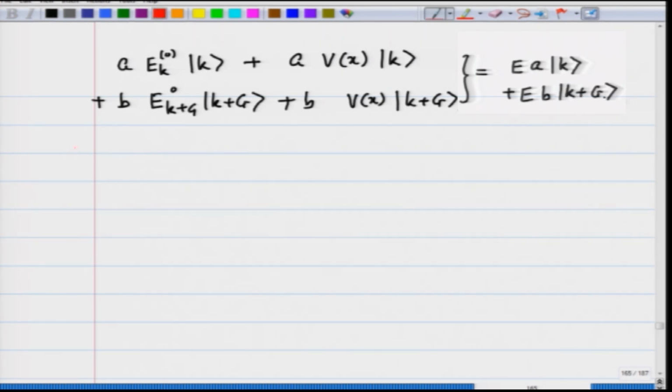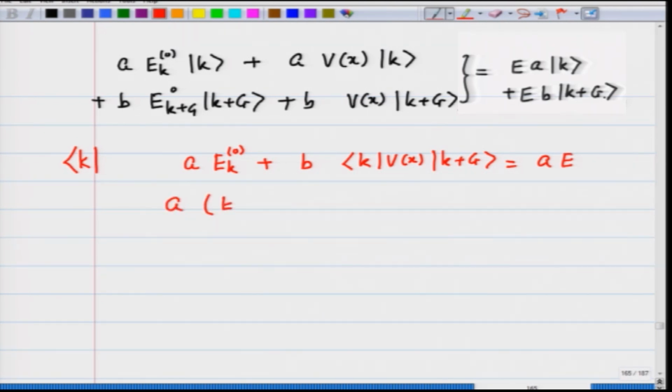If I take the expectation value or multiply this by bra k, I get A Ek0 plus <k|V(x)|k> gives me V0 which we have taken to be 0, plus <k|k+g> inner product is 0 and I get plus B <k|V(x)|k+g> is equal to A E, which I can write as A (Ek0 minus E) plus B, and this expectation value would be Vg.